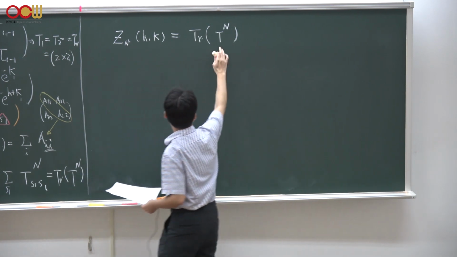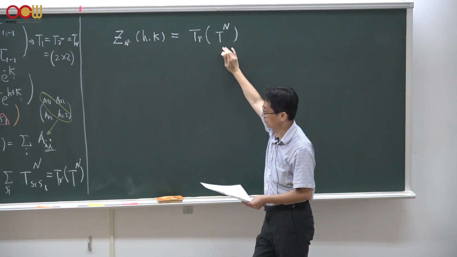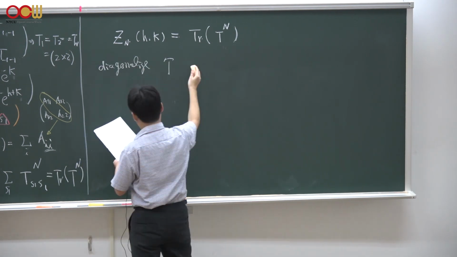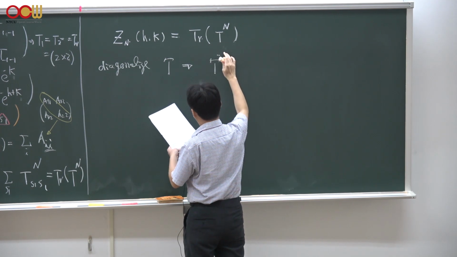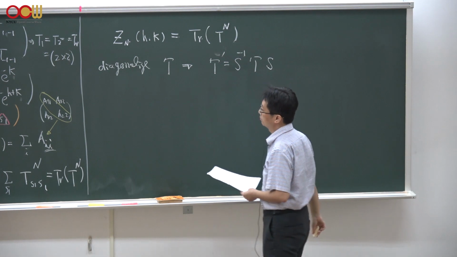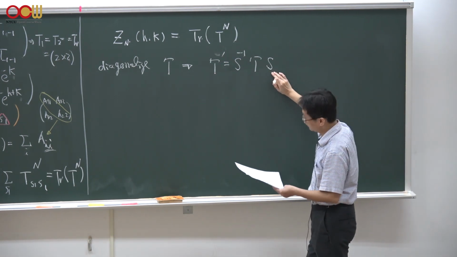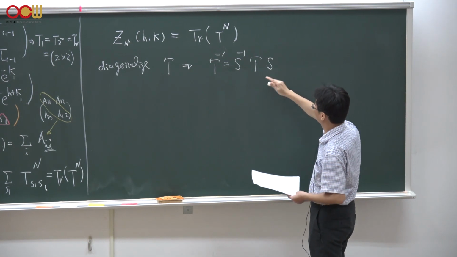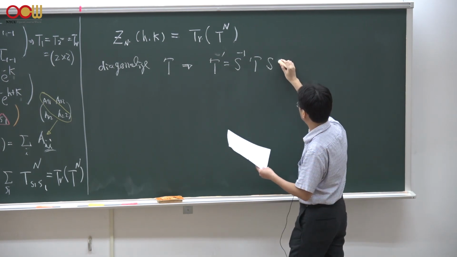So now the remaining job is to actually diagonalize a single T matrix, the transfer matrix. We can diagonalize a single T matrix in a way that we are familiar with from applied math. You know that we can perform a unitary transformation by this matrix S in such a way that the transformed matrix, which I call T prime, is diagonalized.